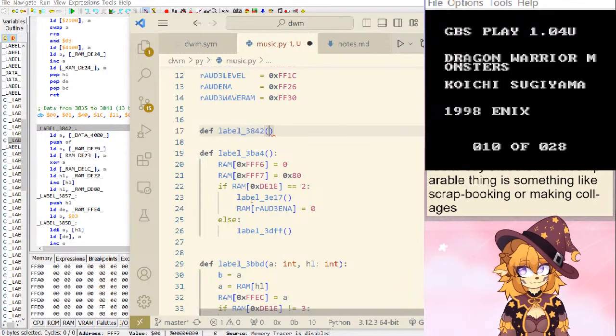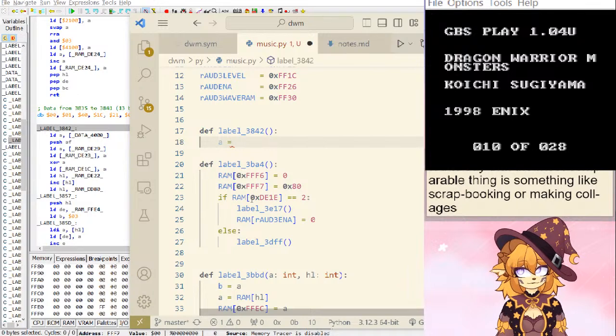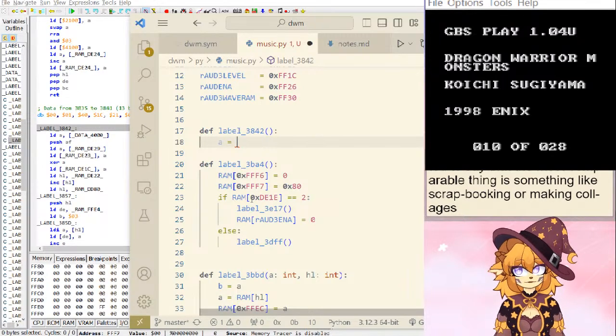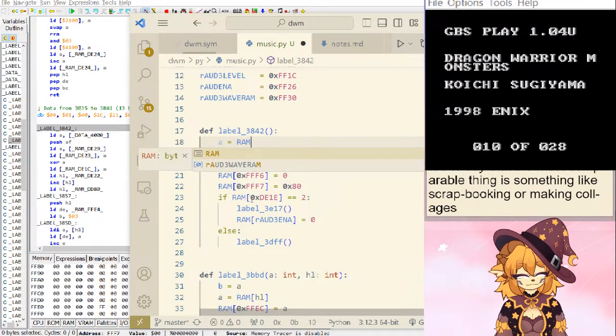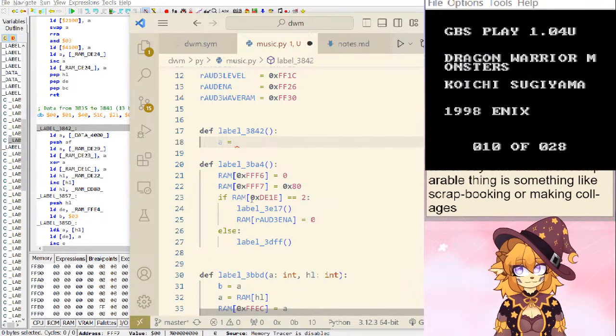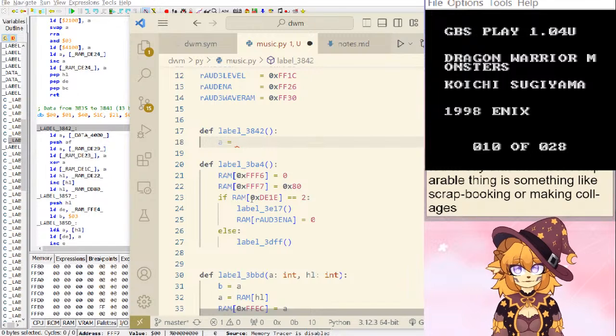Eight, 4, 2. A equals the bank. That is not RAM. It's not really ROM either. That is the current bank, isn't it? I'm pretty sure you read it.